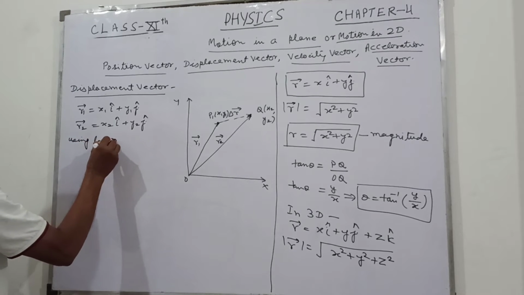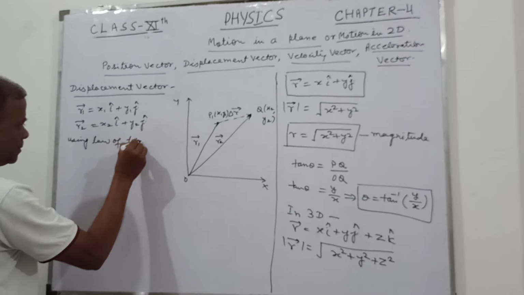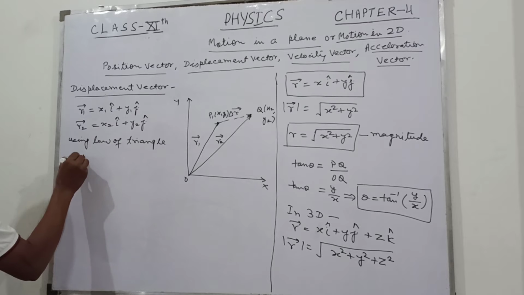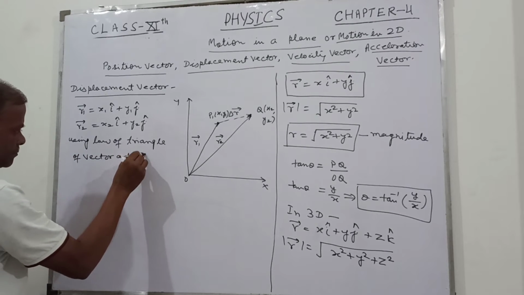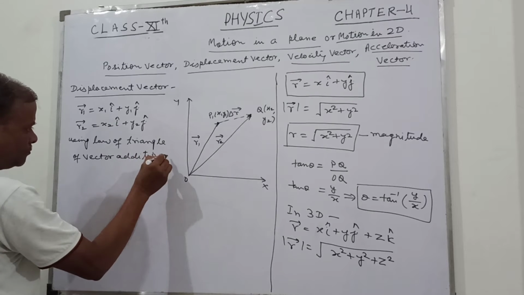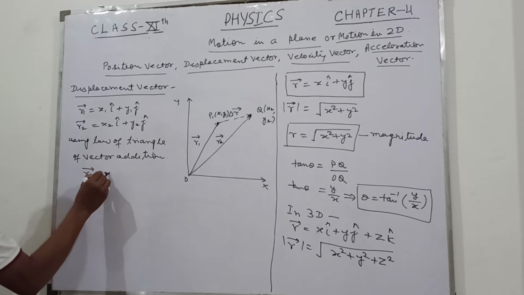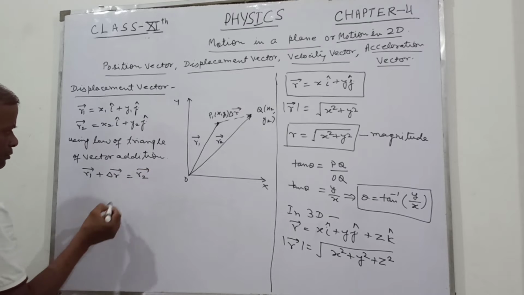Using the law of triangle of vector addition, we have R1 plus delta R is equal to R2.